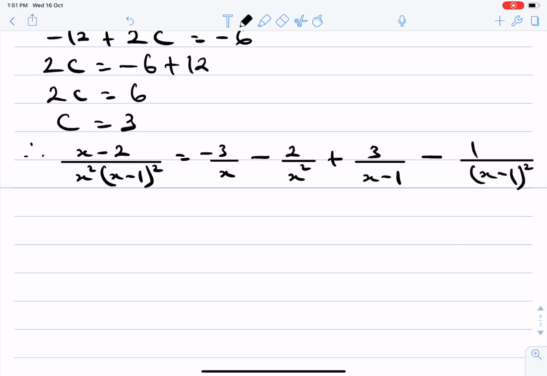And that's it simply. You can rearrange if you like and have the negative fractions in the middle. That's minus 3 over x minus 2 over x squared plus 3 over x minus 1 minus 1 over x minus 1 squared.